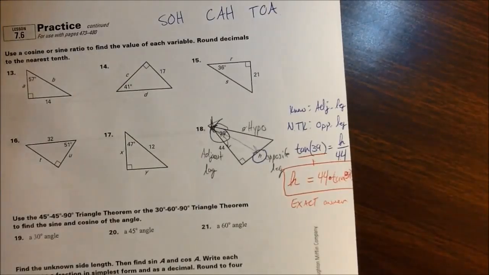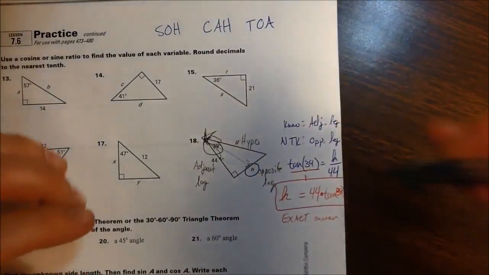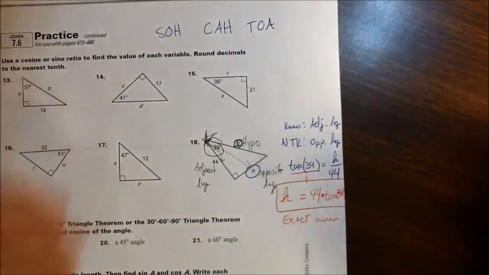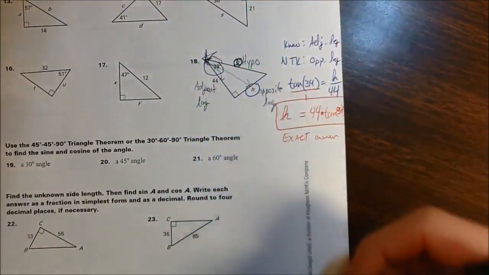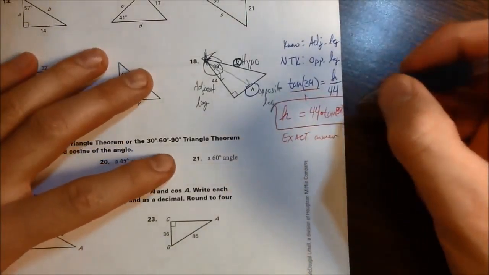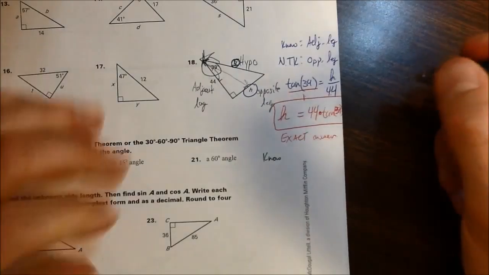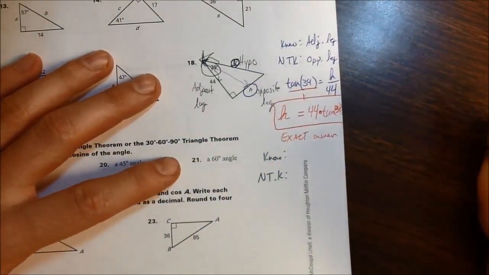All right, now let's solve for the other side length. I'll do it in green. So now in green ink, we're looking for our hypotenuse. I'm just going to keep on writing down here. Again, we want to write out what we know and what we need to know.